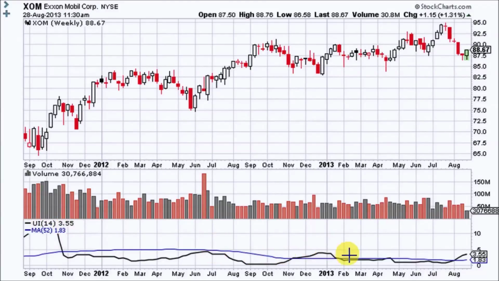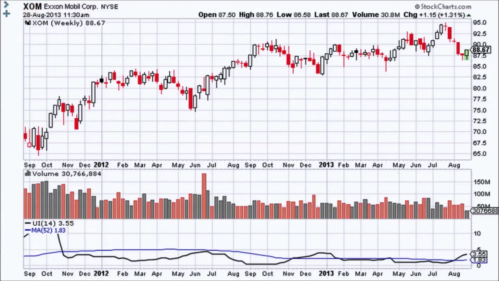It's generally below its average. That's pretty good. Its 1-year weekly average is 1.83%, and its current reading over the last 14 weeks is 3.55%. So that's not a real steep pullback.